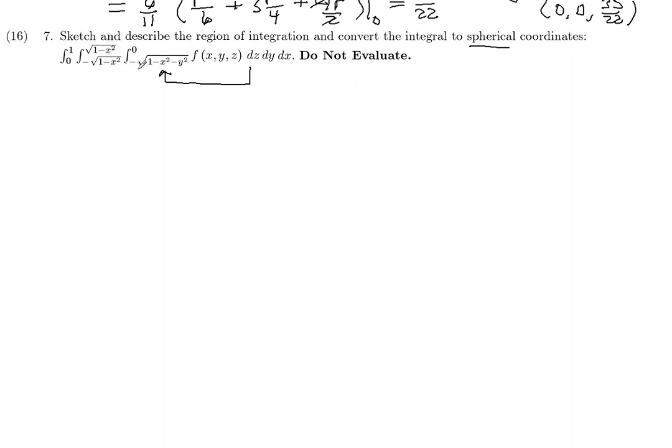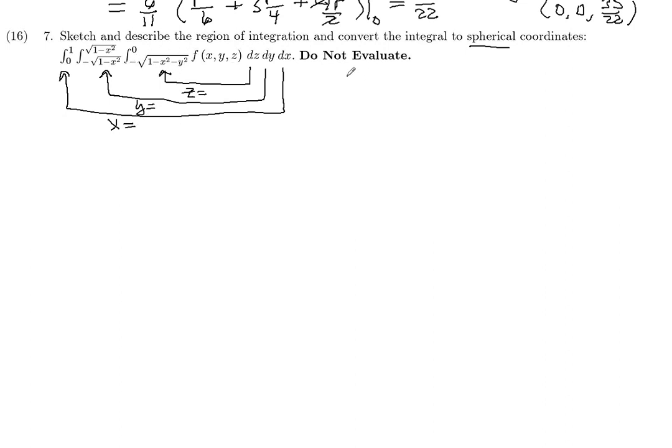So this is z is negative root 1 minus x squared minus y squared up to z equals 0. And then y equals, and then x equals.